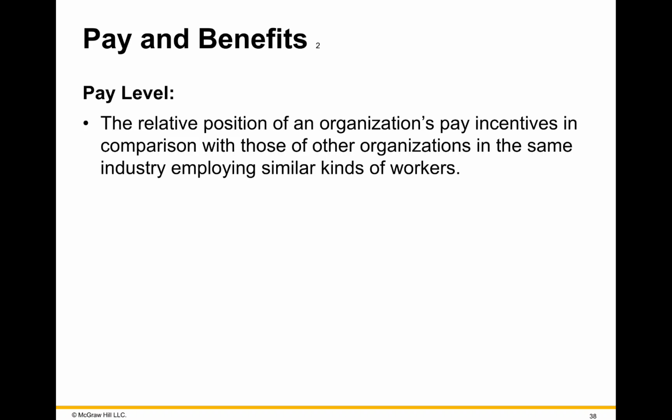They pay low salary, but the turnover rate among the employees might be high. But if they pay a better, higher salary, then the workers are willing to perform better. So the salary also determines the level of performance. Managers need to consider all of this when they want to determine the pay level.